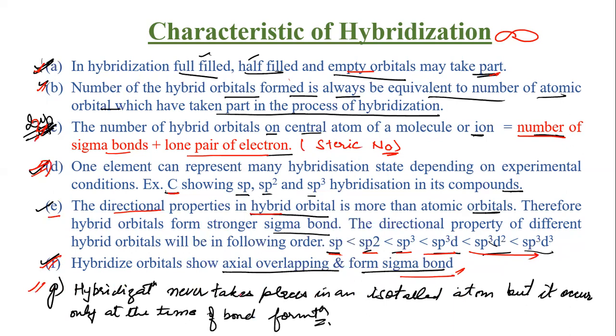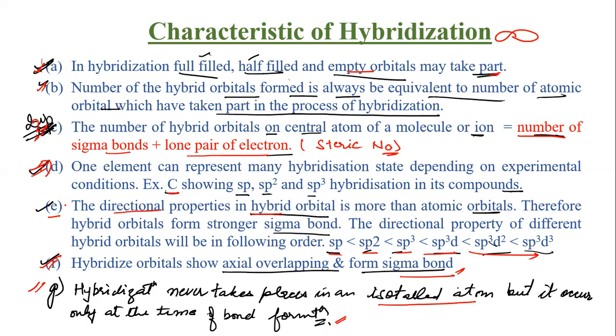Next point is hybridization never takes place in an isolated atom, but it occurs only at the time of bond formation. Hybridization is not a property of an isolated atom. For example, if nitrogen or carbon is isolated, meaning it is not going to react, it will not hybridize automatically.